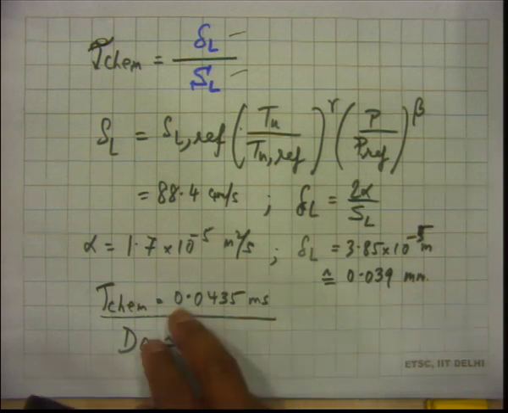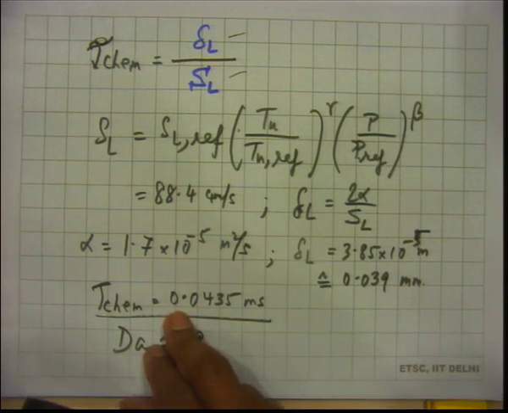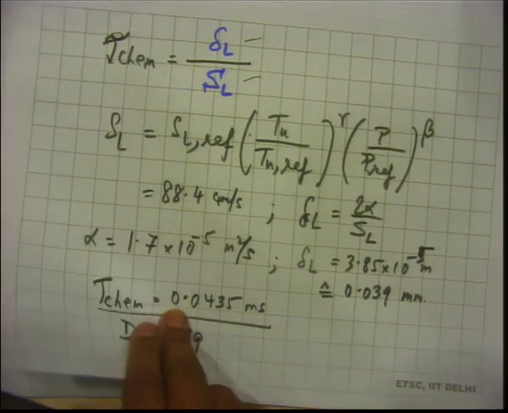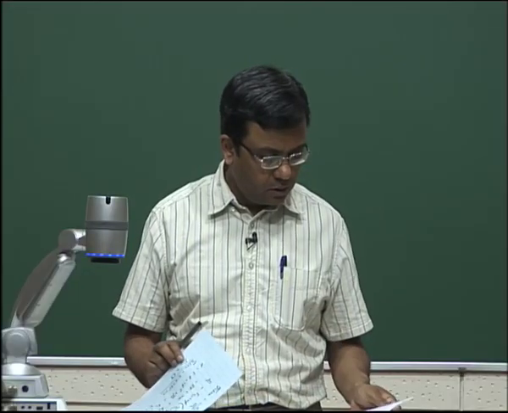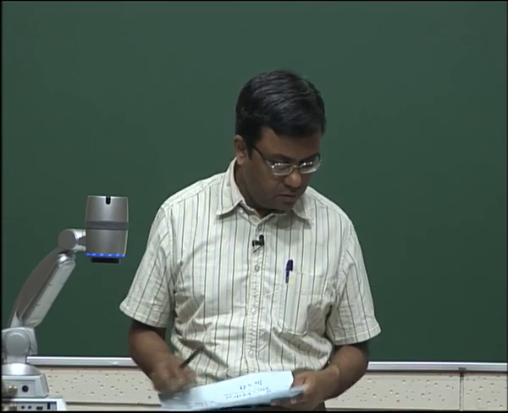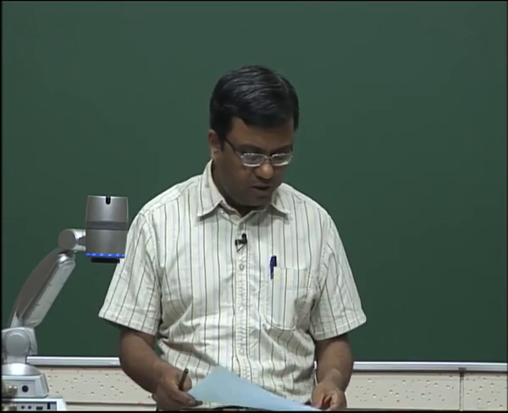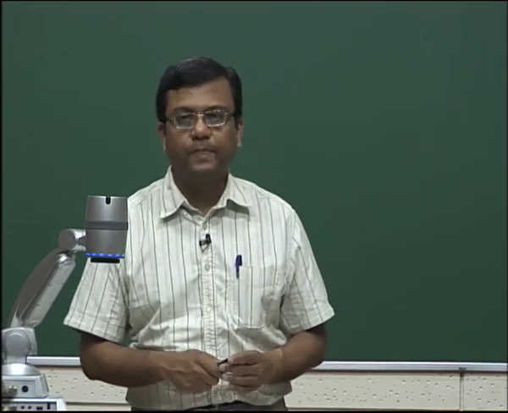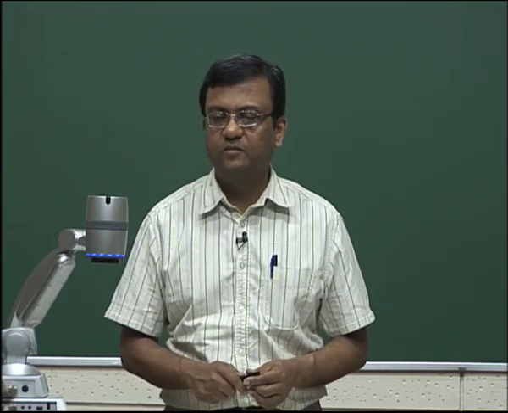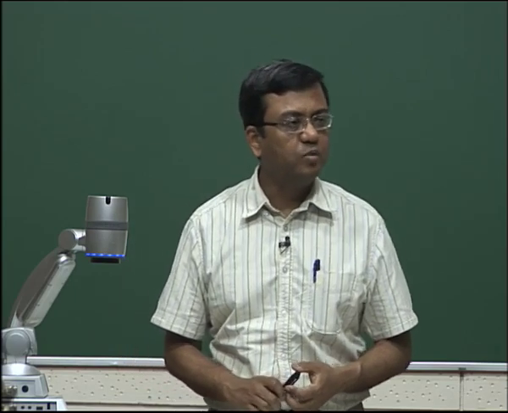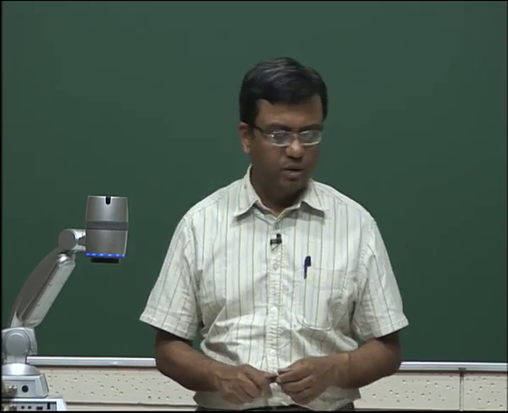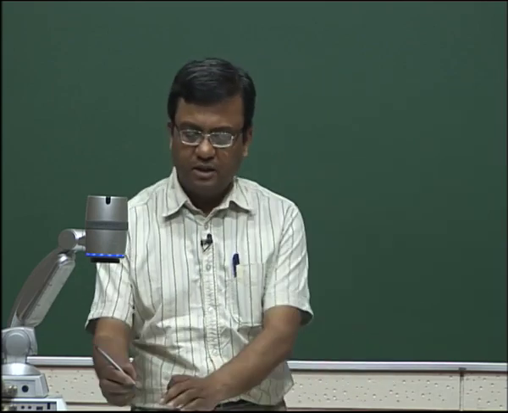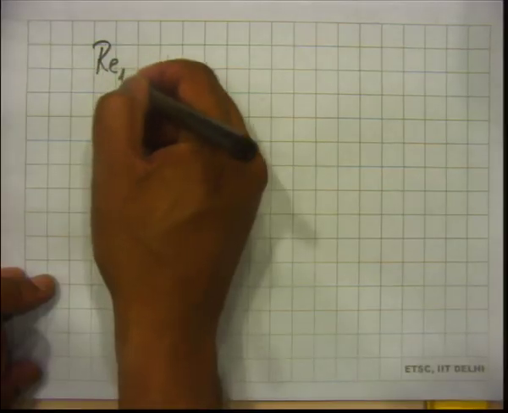And the other thing that we can do is also, we wanted to get the Damkohler number, but we also wanted to get the Kolmogorov length scale and the laminar flame thickness, that ratio. Now we have the laminar flame thickness, we want to get the Kolmogorov length scale. Now one way of doing this is to calculate Re_L0.